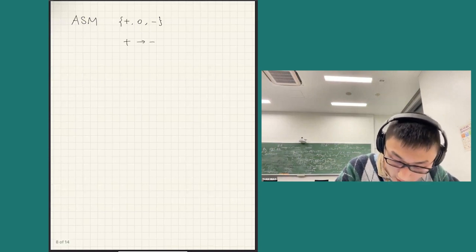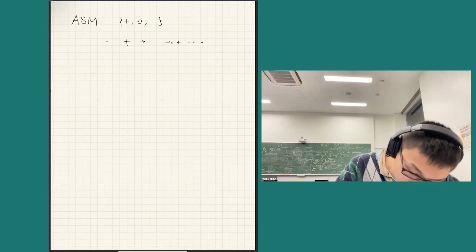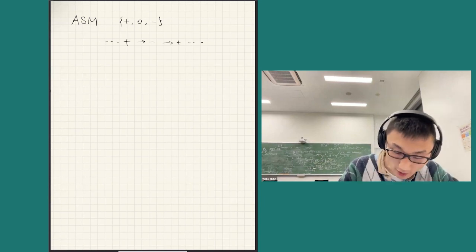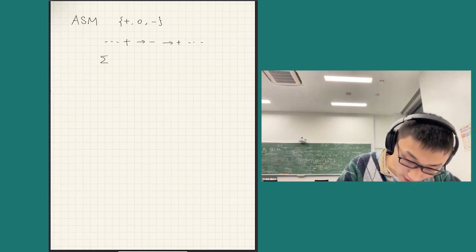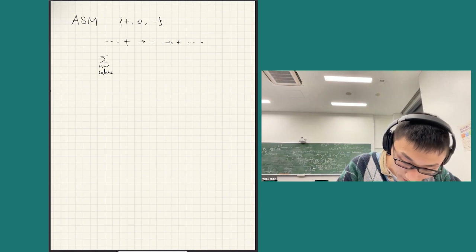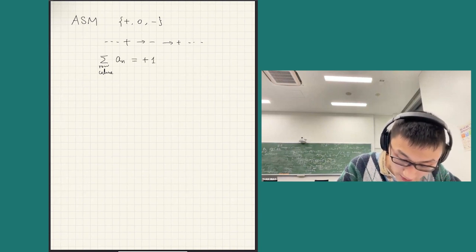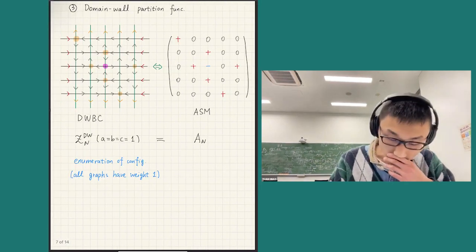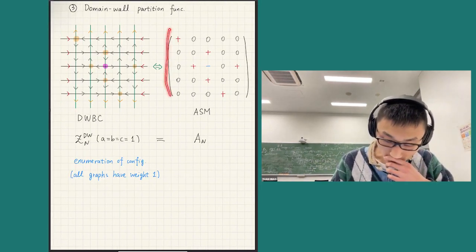And also the non-zero element after a -1 has to be a +1, etc. And moreover, the sum over each row or column equals +1.